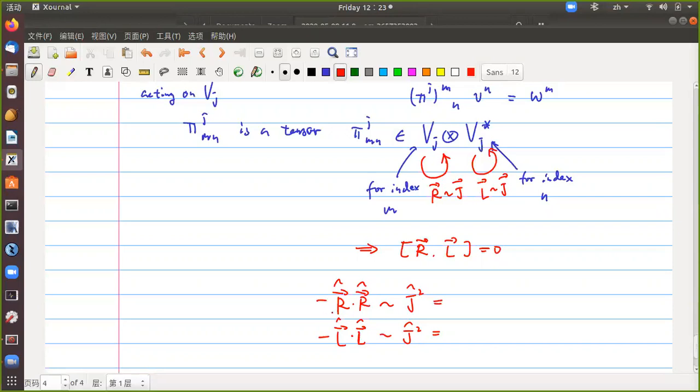And so here you get minus R square operator equals the angular momentum operator. So the J square operator acting on Vj, the first factor, and L square is proportional to J square acting on J star.